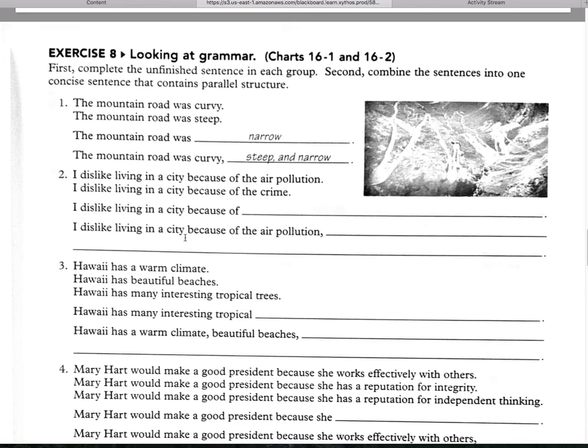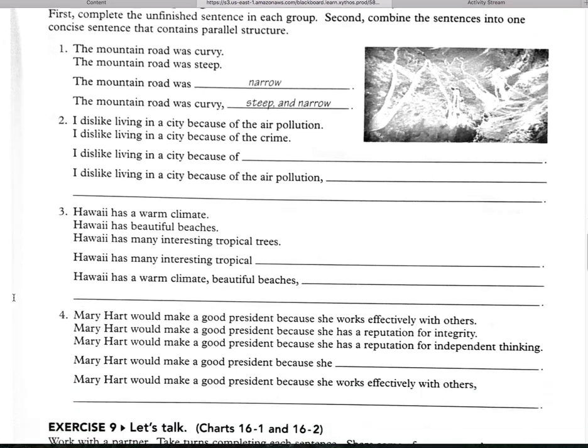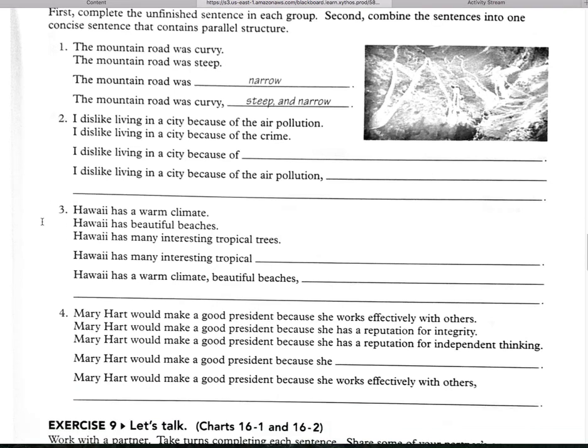I dislike living in a city because of the air pollution, comma, crime, optional comma, and noise. Or you can also say, I dislike living in a city because of the air pollution, comma, the crime, comma, and the noise. But "the" is not really necessary. Okay? So look at number 3 and look at number 4. Go ahead and do number 3 and 4. And then we'll compare answers in a few minutes.